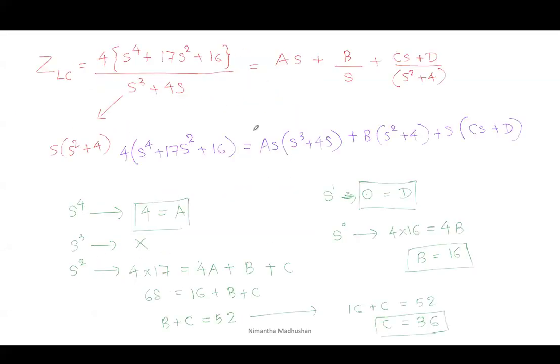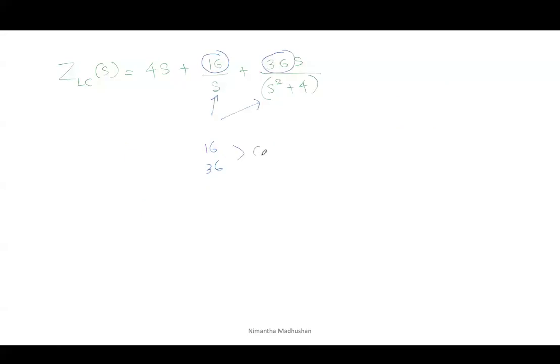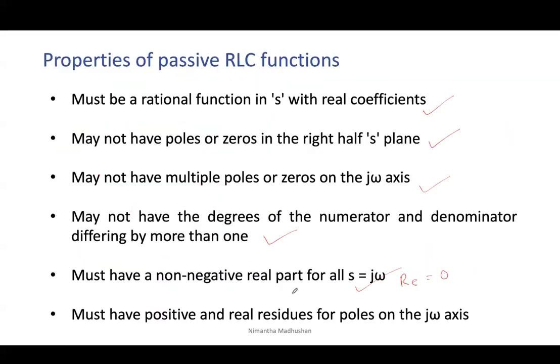Both are greater than 0 and real. The property says positive and real residues for poles. Then the sixth condition is also satisfied.